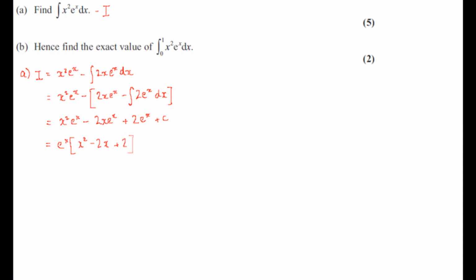If we tidy that up, we start off with a quadratic times e to the x, and we finish up with a quadratic times e to the x. I've got x squared minus 2x, which is the differential of x squared, and then plus 2, which is the differential of 2x, plus c.